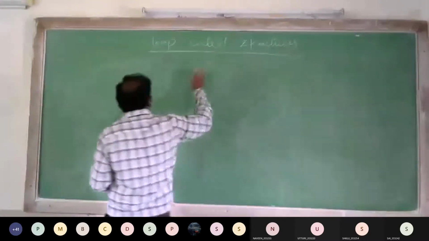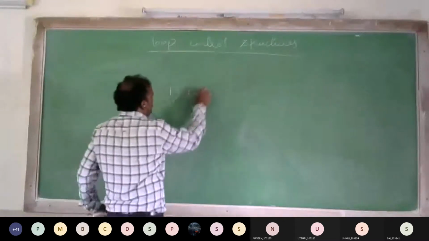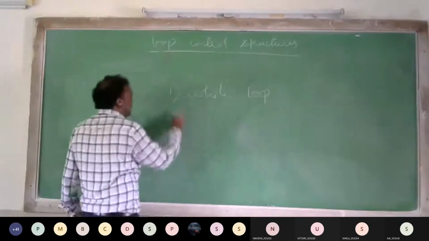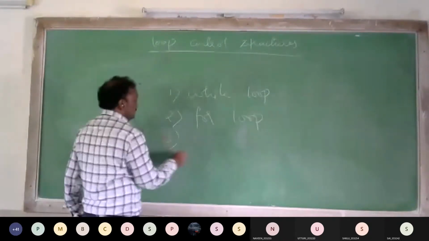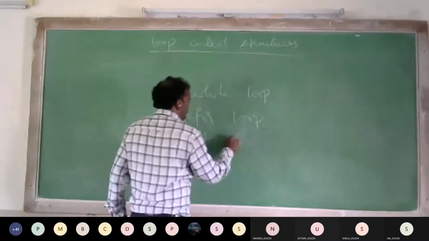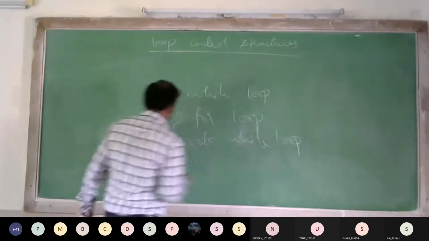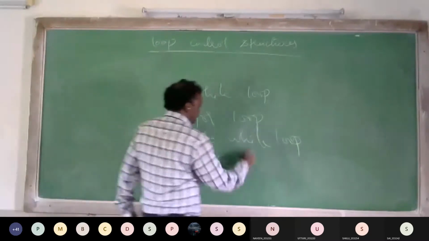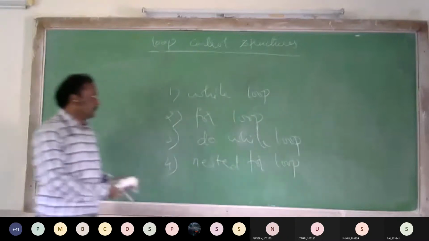So the loop control structures are again divided into 3. First one is while loop. Second one is for loop. Third one is do while loop. This is a special one, nested for loop.